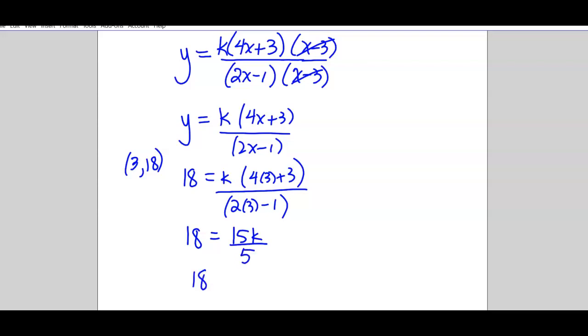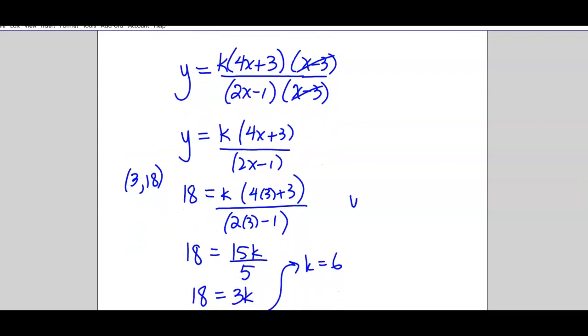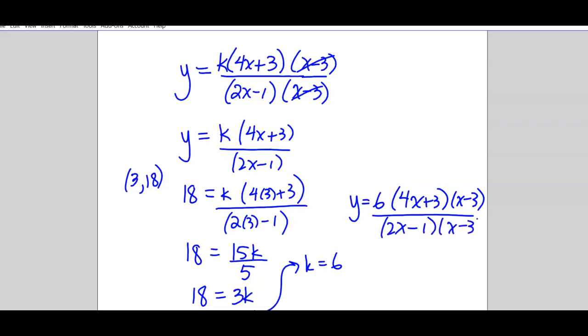So that's going to be 3k. So k equals 6. So now go back. It says write the factored form of the equation. So y equals 6, bracket 4x plus 3, x minus 3, over 2x minus 1, x minus 3.